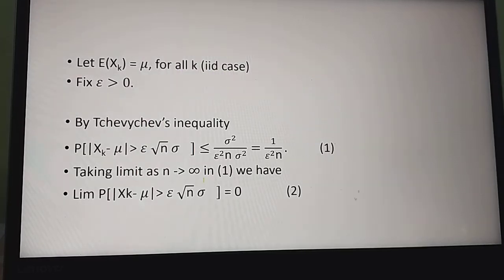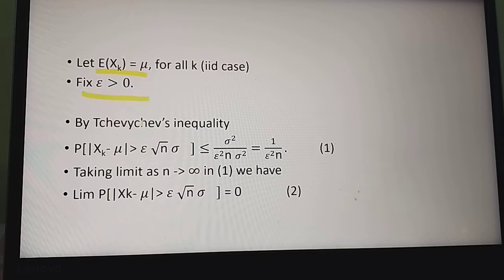Next, let us denote the common mean by mu. Then we choose a fixed positive number epsilon.